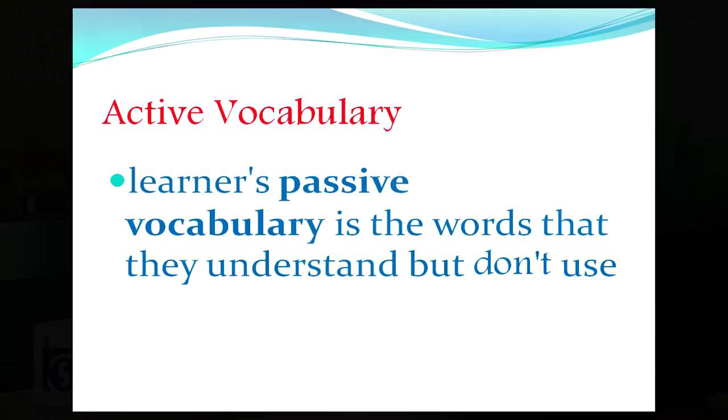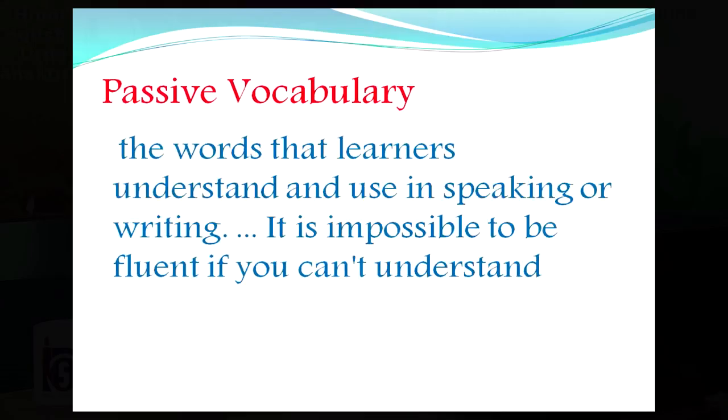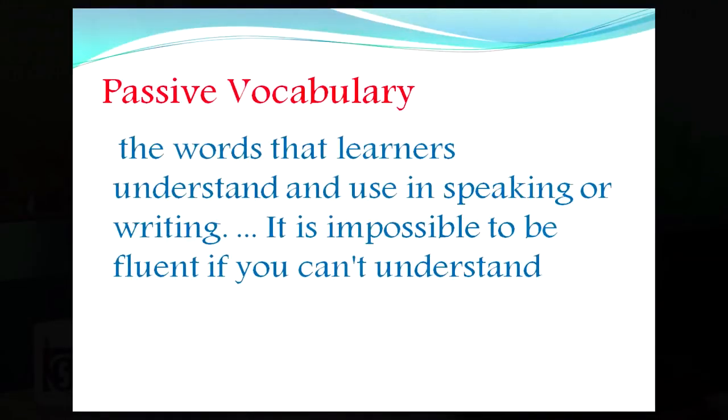Passive vocabulary is the words that learners understand but don't use. Active vocabulary is the words learners understand and use in speaking or writing. It is impossible to be fluent if you can't understand.